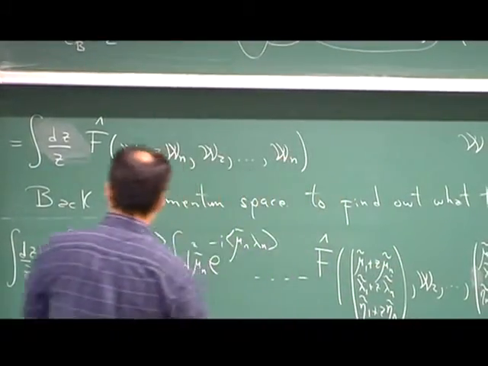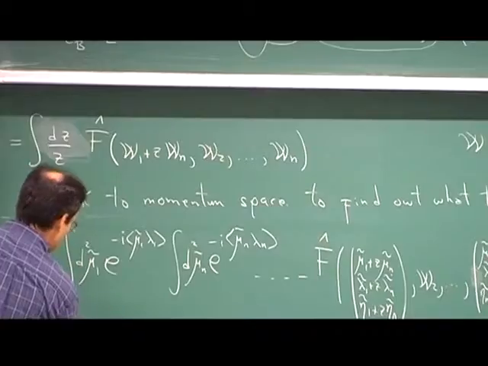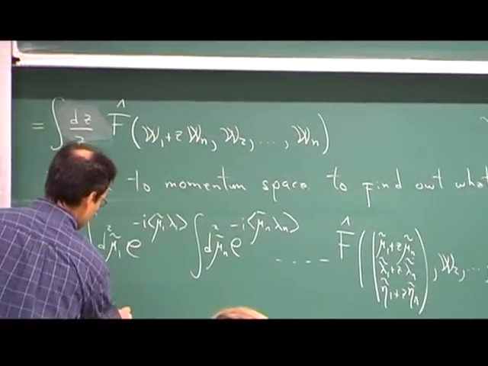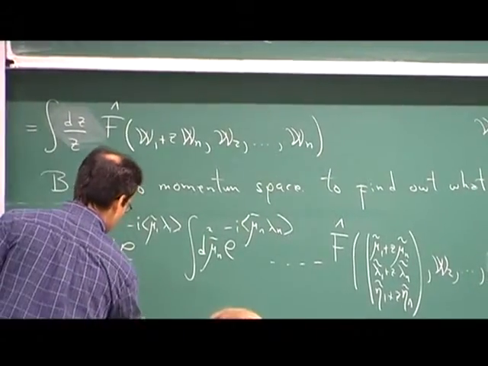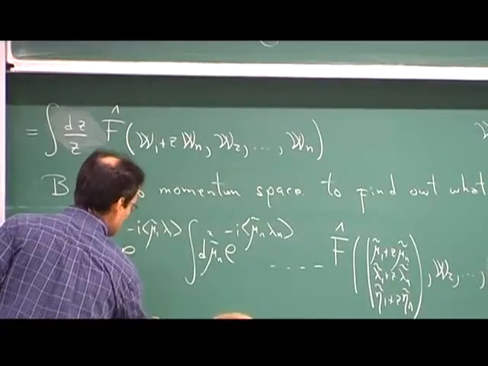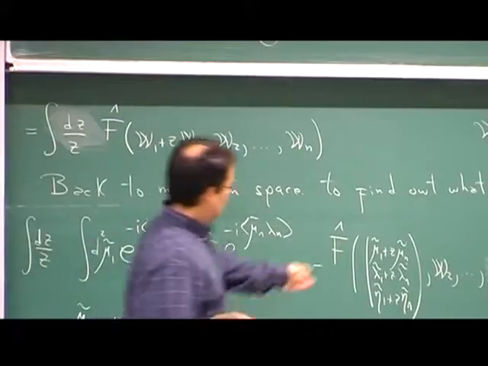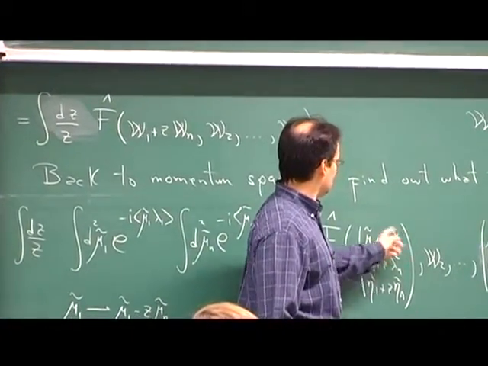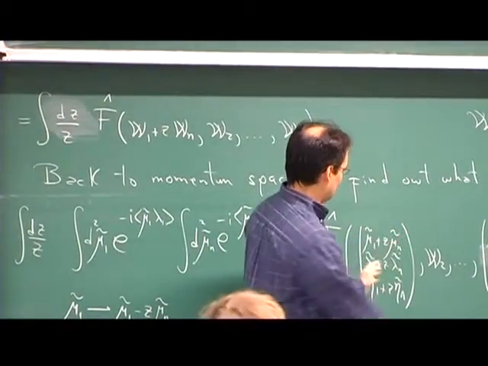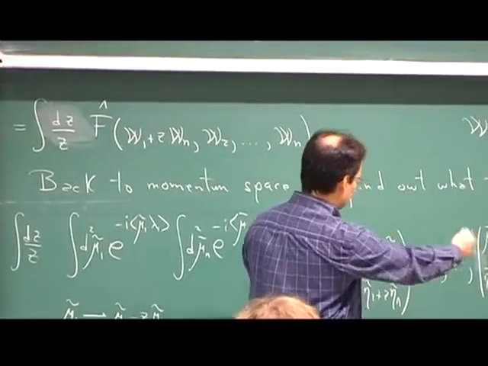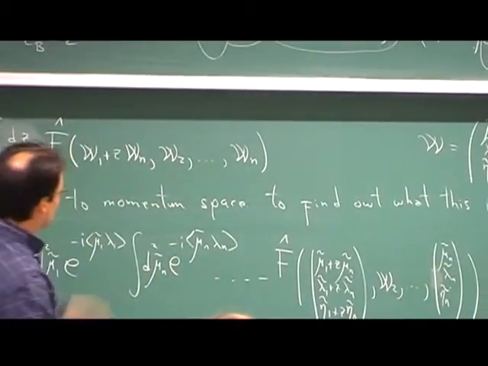Okay? So let me change variables. I'm going to shift mu1 into mu1 minus z mu n. If I perform this shift, I get back a single mu1 tilde, which is nice. Then my function is a regular function. It's the original one.